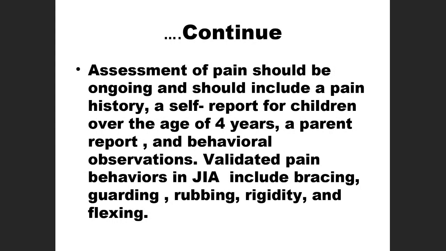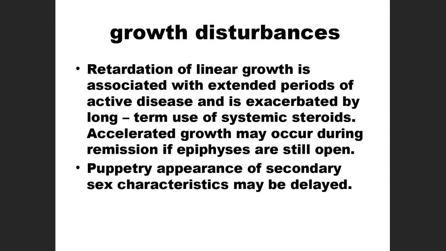In the assessment of pain, the validated pain behaviors of JIA include the child trying to guard that area, trying to cover that area, rubbing that area, not moving that joint, and always flexing it. So all this indicates the joint is having pain.